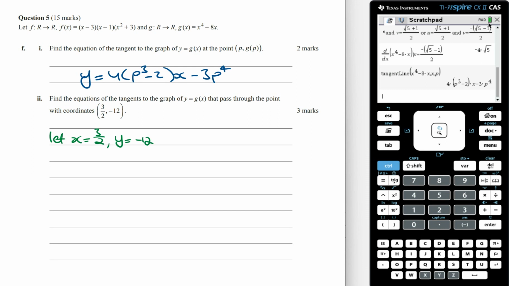And so subbing this into the rule of the tangent equation we just worked out, we can solve for the value of p. We're going to get minus 12 is equal to 4 times p cubed minus 2 times 3 on 2, minus 3p to the power of 4. Setting this up in the calculator, we can solve for the values of p.